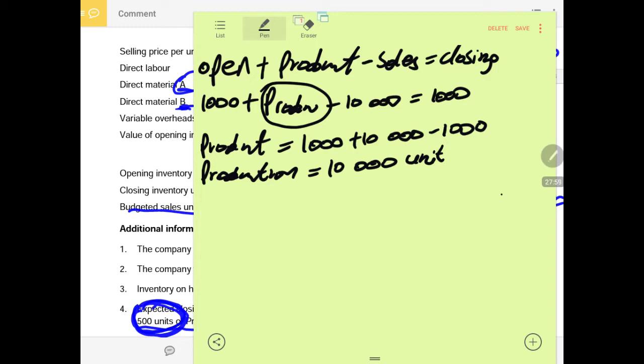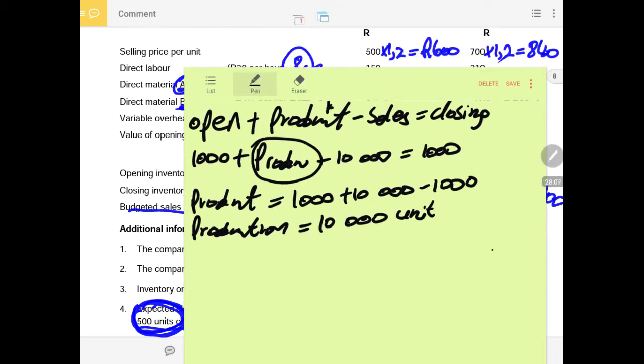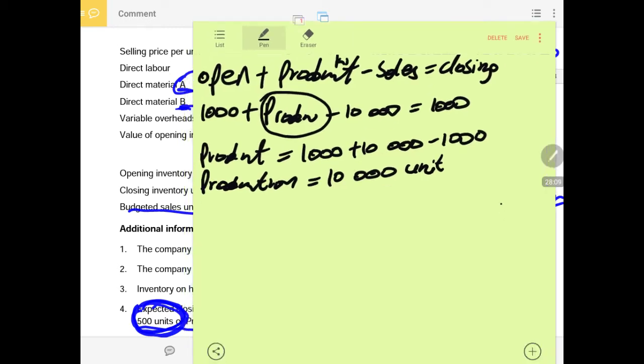Then we go to the second product. This was product KI, the number of units to be manufactured. Then we do the same with product LO. Product LO, it will be opening plus production minus sales is equal to closing.